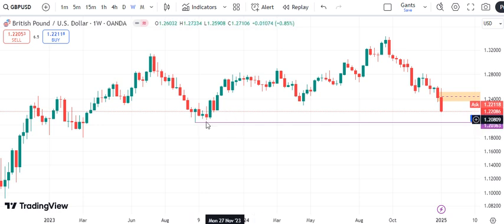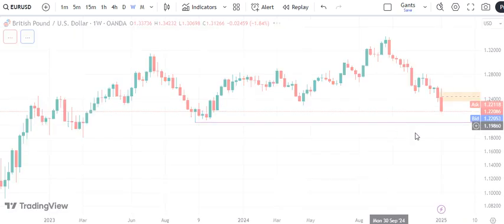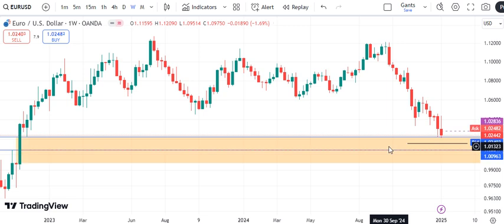With this, I want to see dollar rally up, euro and GBP decline to take out this low, while euro trades into that area of inefficiency. And then after that, we could see some form of short-term reversal or retracement. So for cable, for fiber, Euro USD, I want to see trade into this area of inefficiency.